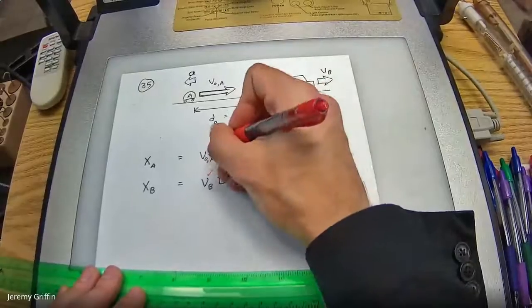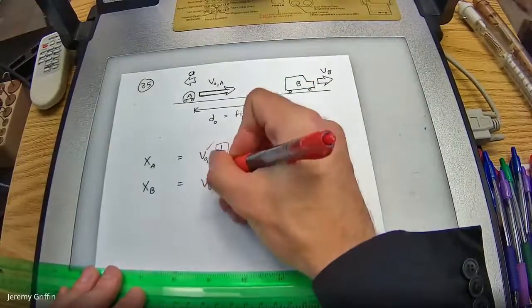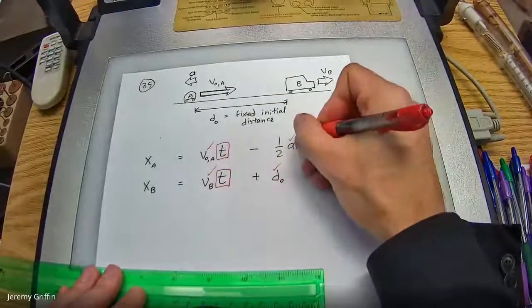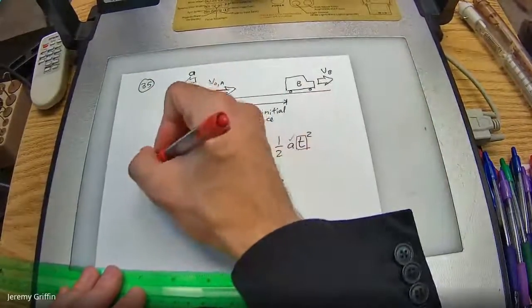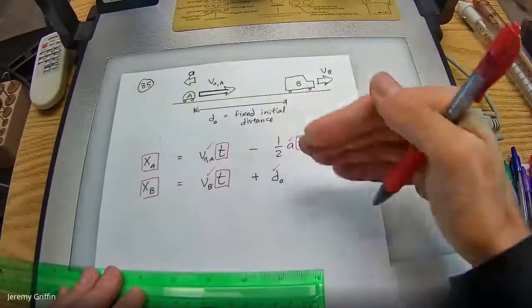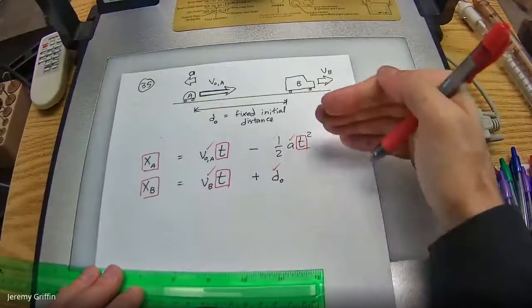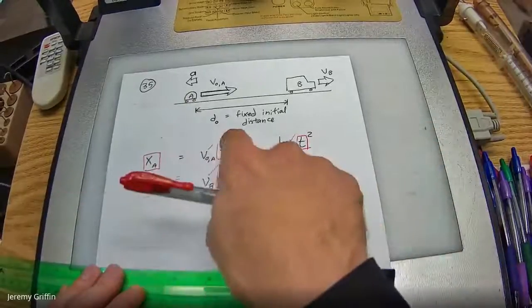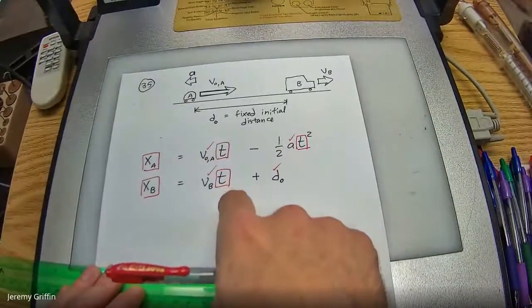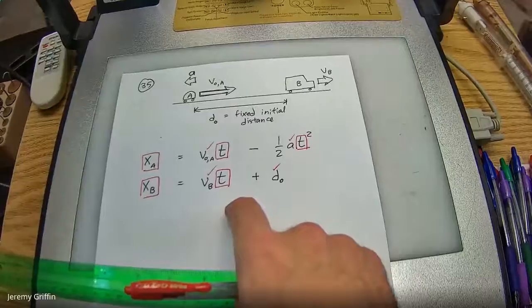If they were to crash, that would happen sometime in the future, which is not yet known. And they each would have traveled some distance. Guys, I have how many equations? Two. And how many unknowns? 2, 3.